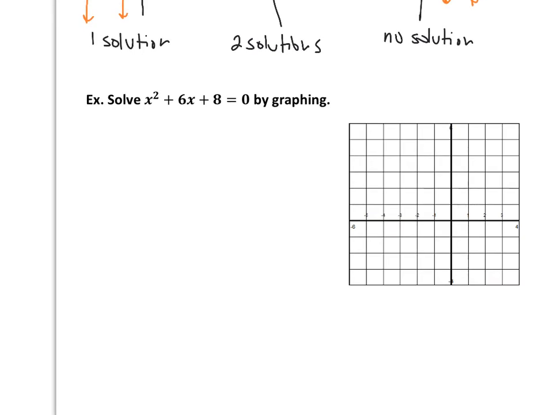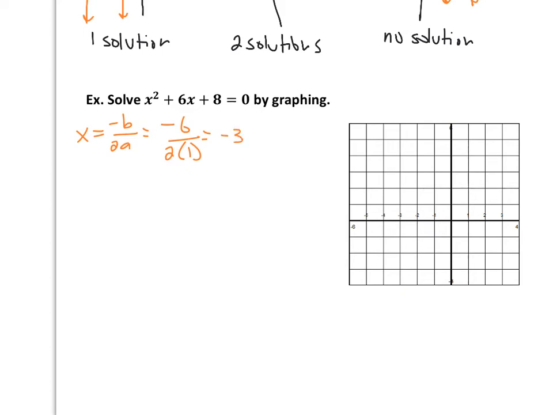All right, so we're asked to solve x squared plus 6x plus 8 equals 0 by graphing. Well, we know how to graph, right? This is in standard form. So I want to find my vertex. Well, that's x equals negative b over 2a. So negative b, which is 6, over 2 times a, which is 1. So we get a vertex, negative 6 divided by 2, negative 3.